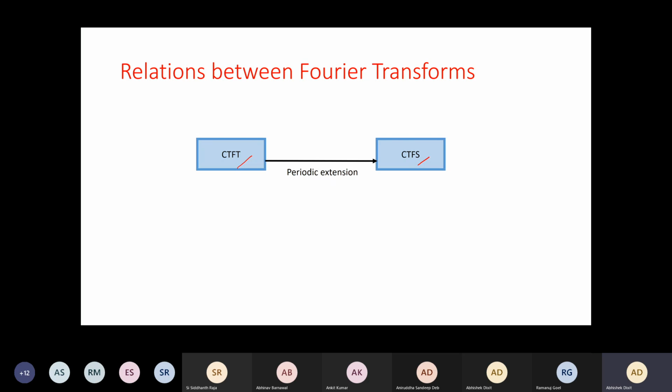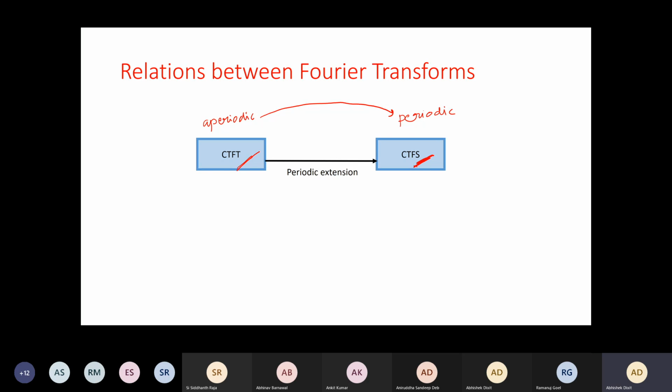For CTFS, you should remember that we have a periodic signal. In the Fourier series, the time domain signal is periodic. In CTFT, the time domain signal is aperiodic. So if you want to go from CTFT to CTFS, we should convert this aperiodic signal into a periodic signal. If you calculate the transform of an aperiodic signal, this will be the CTFT.